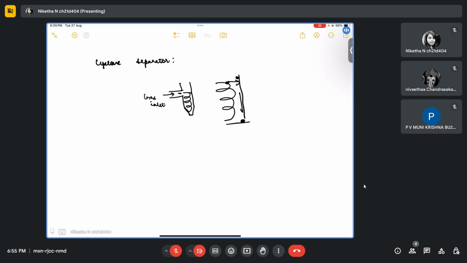Whereas whatever gas is there, once it comes down, the gas will again have its own vortex. The gas will have its own inner vortex, and it will move up.